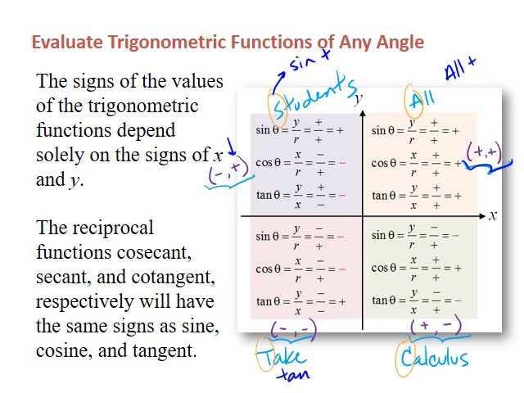T says tangent is positive. We should know that because a negative divided by a negative is positive. And finally, C tells us that cosine is positive. Again, we already know that. However you want to remember this is fine, but it's very important that you know quadrant 1, quadrant 2, quadrant 3, and quadrant 4, and which values are positive or negative in each of those quadrants. You'll see why it's important shortly.